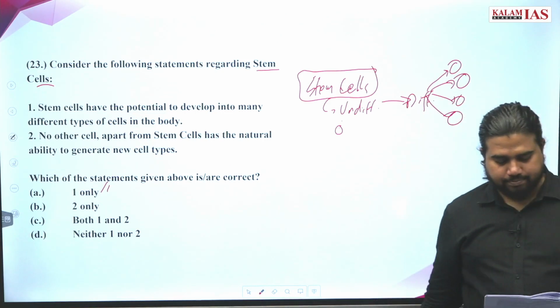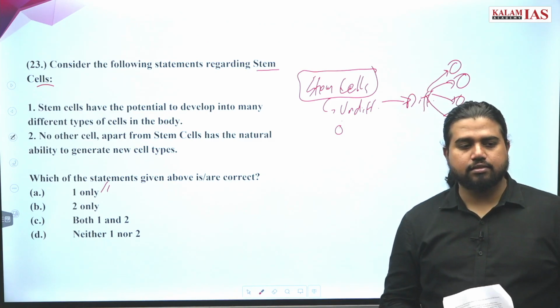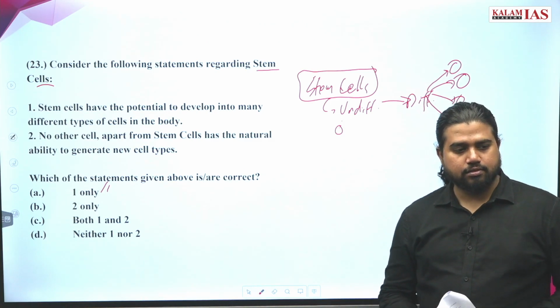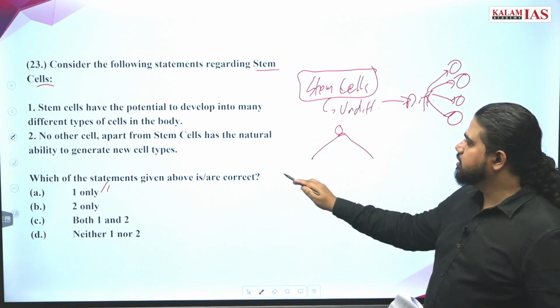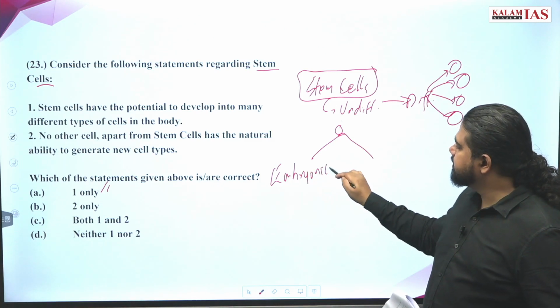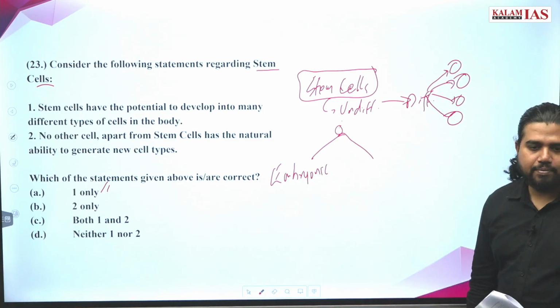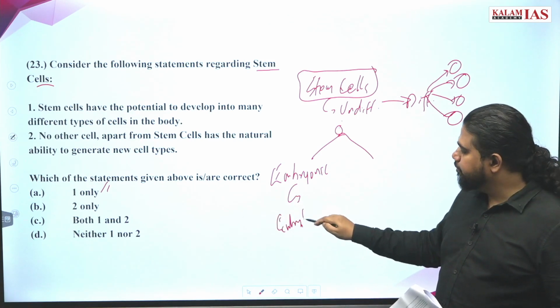What more? What is their function? There are two types of stem cells. One is embryonic. What are embryonic stem cells? These are collected from the embryo of the human body. What is an embryo?